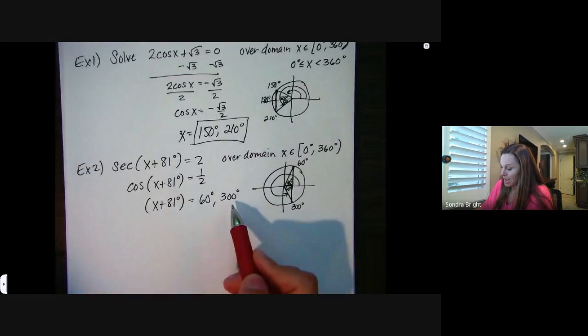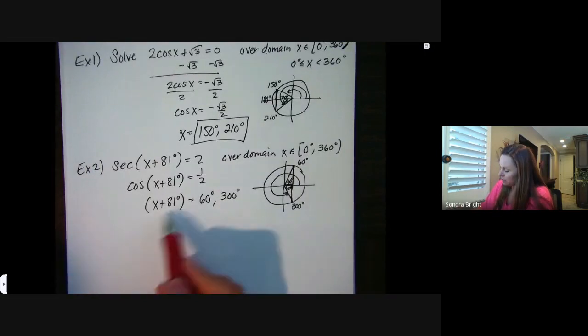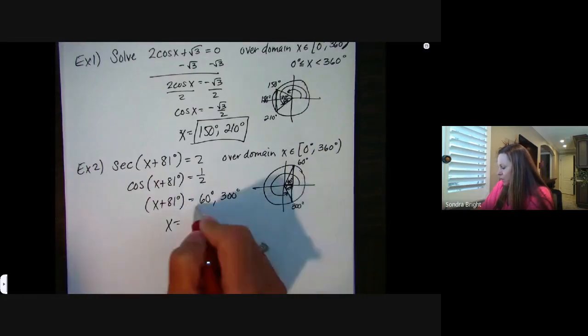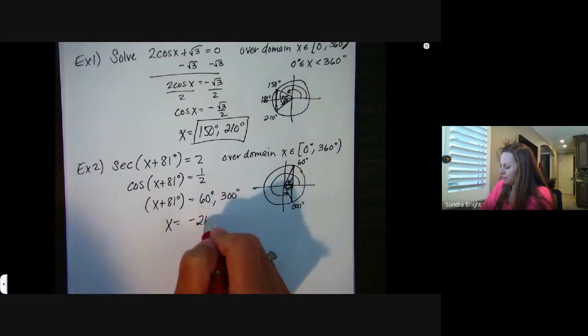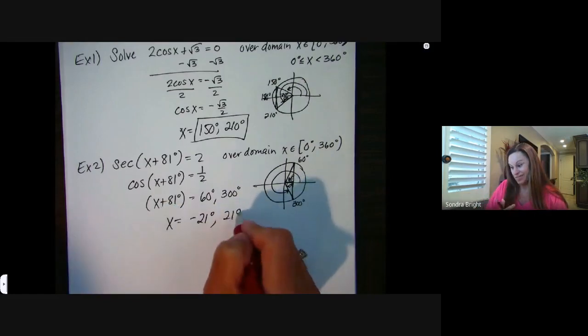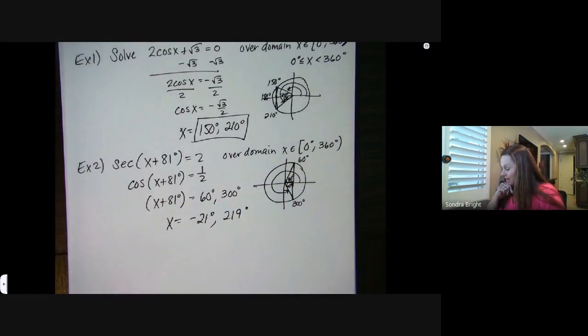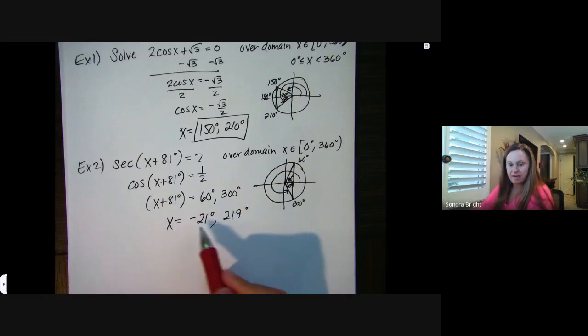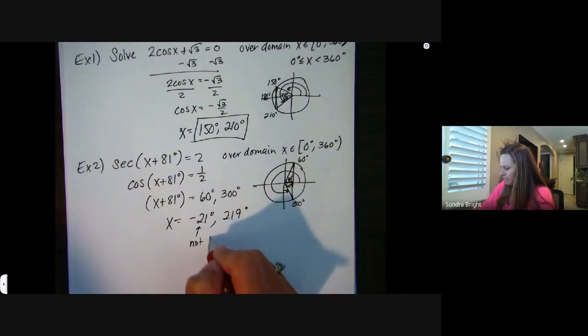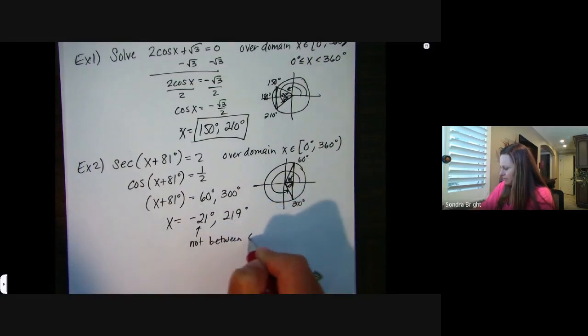Then you just want to solve for x, right? So you'll subtract 81 from both of these. So x would be 60 minus 81, which is negative 21 degrees, and 300 minus 81 is 219 degrees. Okay. Well, here's the dealio, though. Negative 21 is not in our domain, not between 0 degrees and 360 degrees.